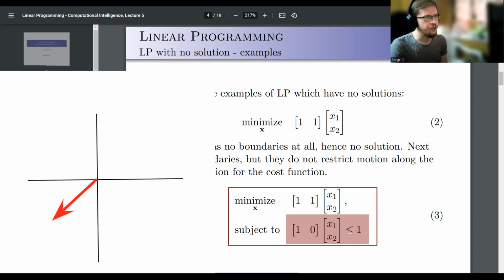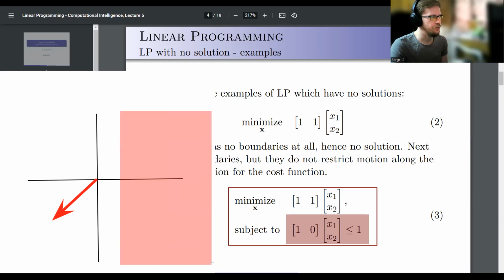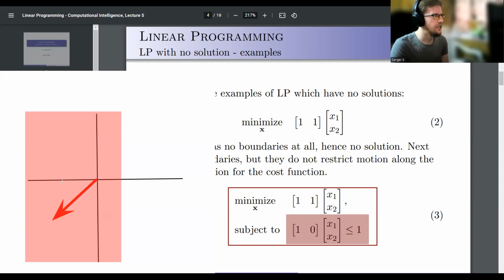So here our boundary is x1 is less than 1. It means that the prohibited region is x1 bigger than 1. So this is the region that's prohibited. Clearly, we did not prohibit our infinite decrease in this direction. Let's say we say x1 is bigger than 1. That would mean this whole region is prohibited. Well, you would say, okay, this looks as if we prevented infinite decline, right? But we didn't.